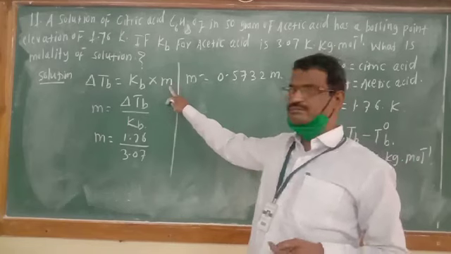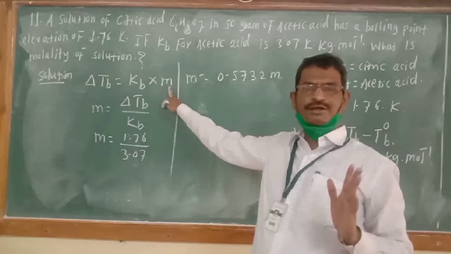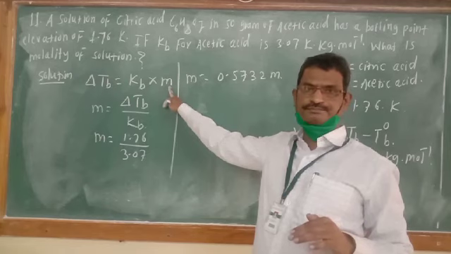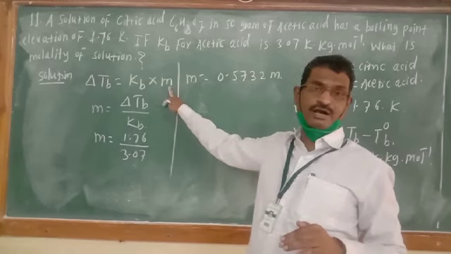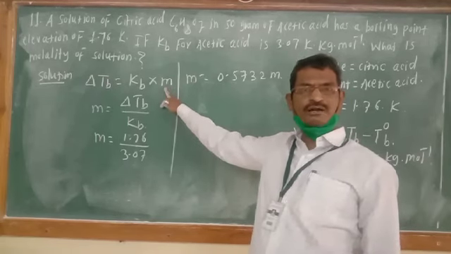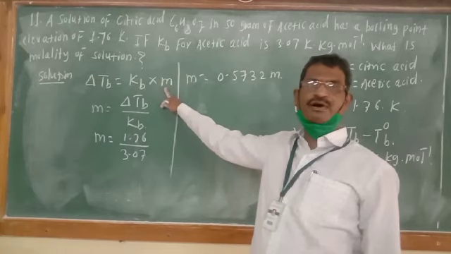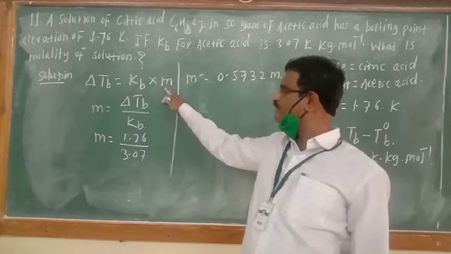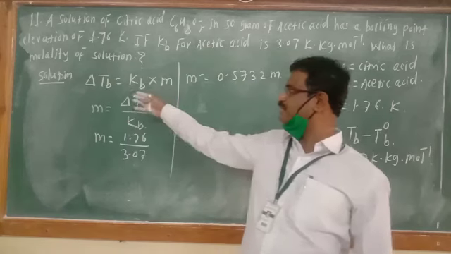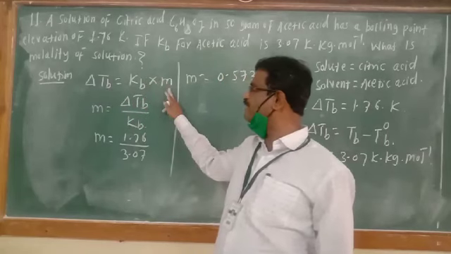But what is small m? Molality. Molality is number of moles of solute present per kilogram of the solvent. Mass is involved, volume is not involved. In the calculation of molality, mass is involved, volume is not involved, and mass is independent of temperature. Therefore, term molality is directly used, and the law over there is like this: elevation of boiling point is directly proportional to molality.